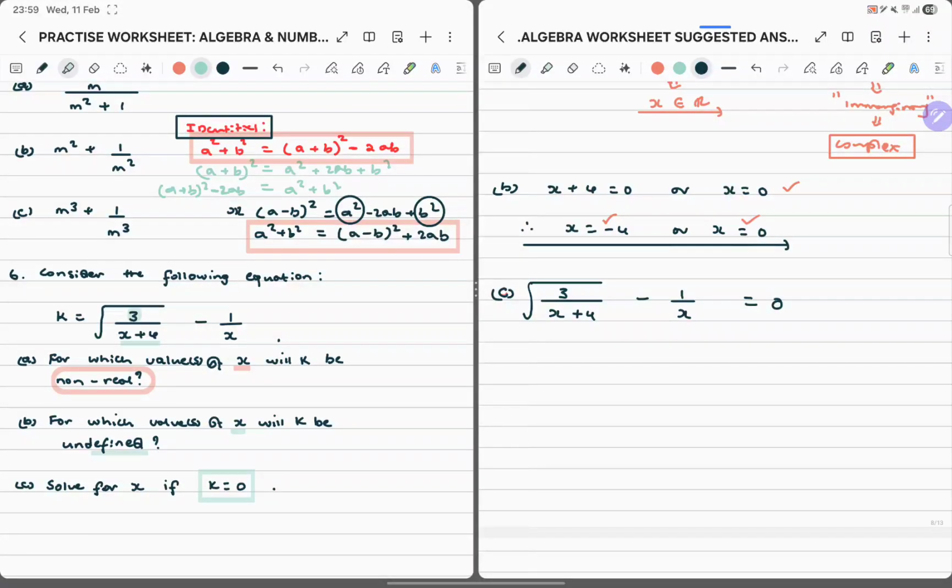Now all we need to do, we isolate the radical, isn't it? The radical must not be with the others.